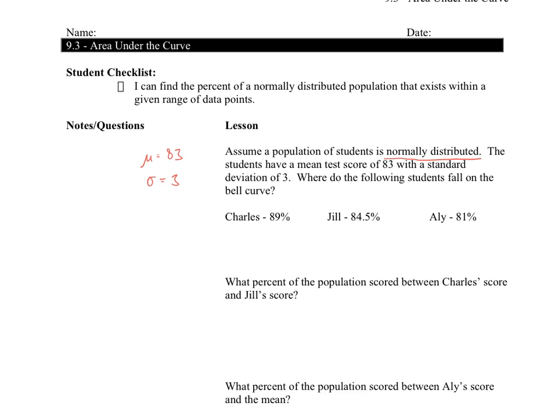So what I'm going to do is, I could draw the whole bell curve, but here's the bottom of the bell curve. And if you want to, you could just picture the bell above here. In the middle, this would be the mean, which in this case is 83.